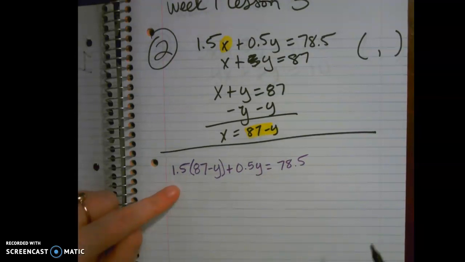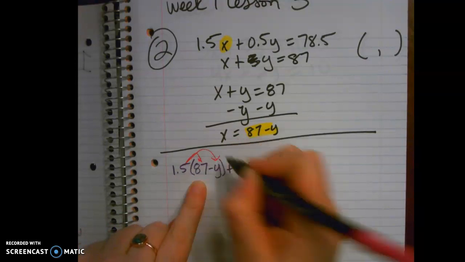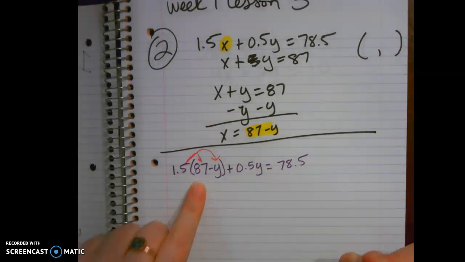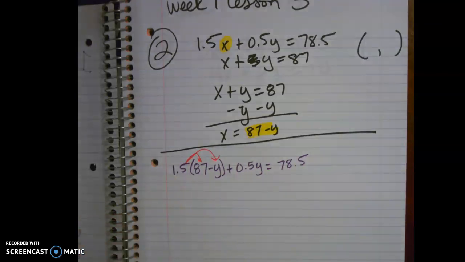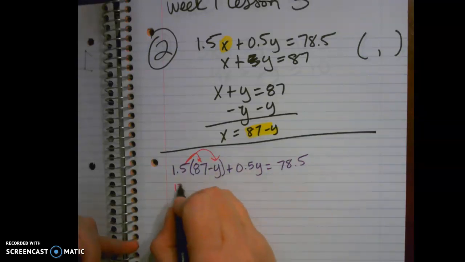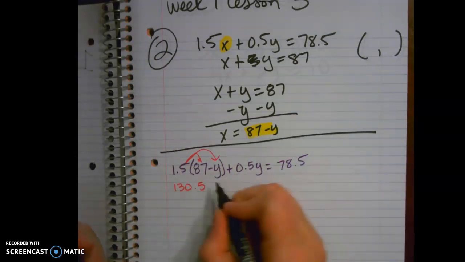So, great. All right, so can we multiply this and distribute this? Well, yeah, of course we can. So we can take our handy dandy phone calculators, because we're all stuck at home, 1.5 times 87 gives us 130.5, right?